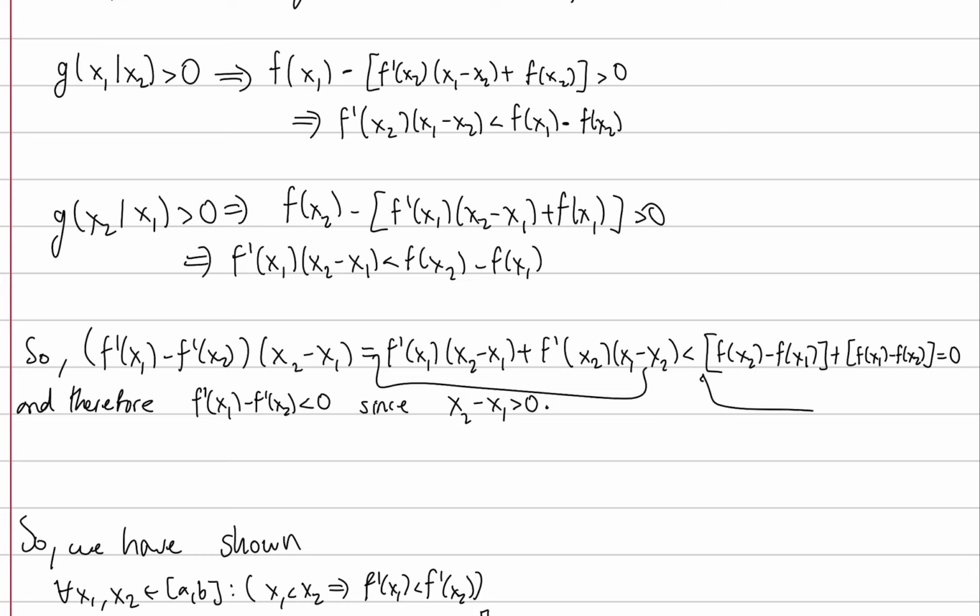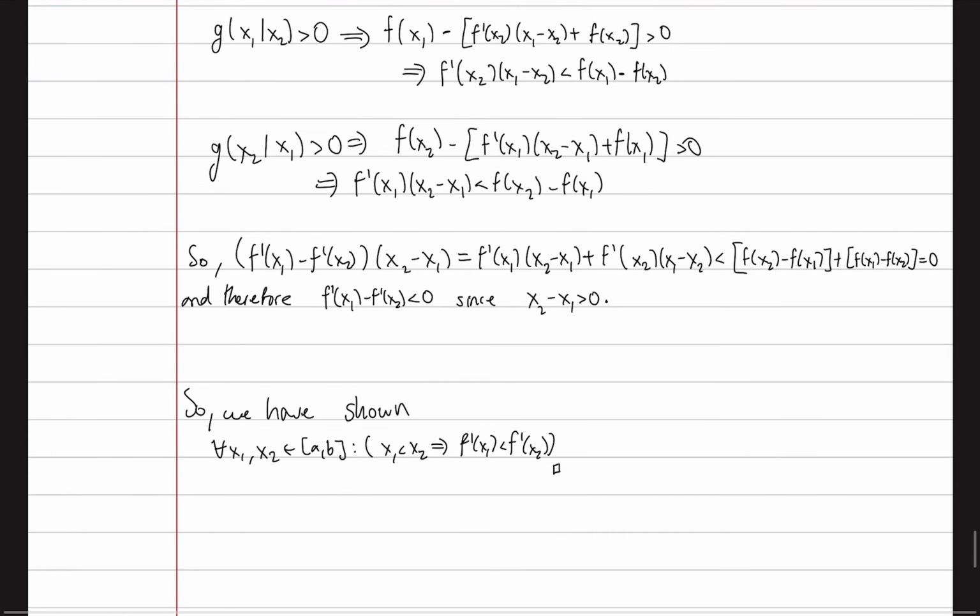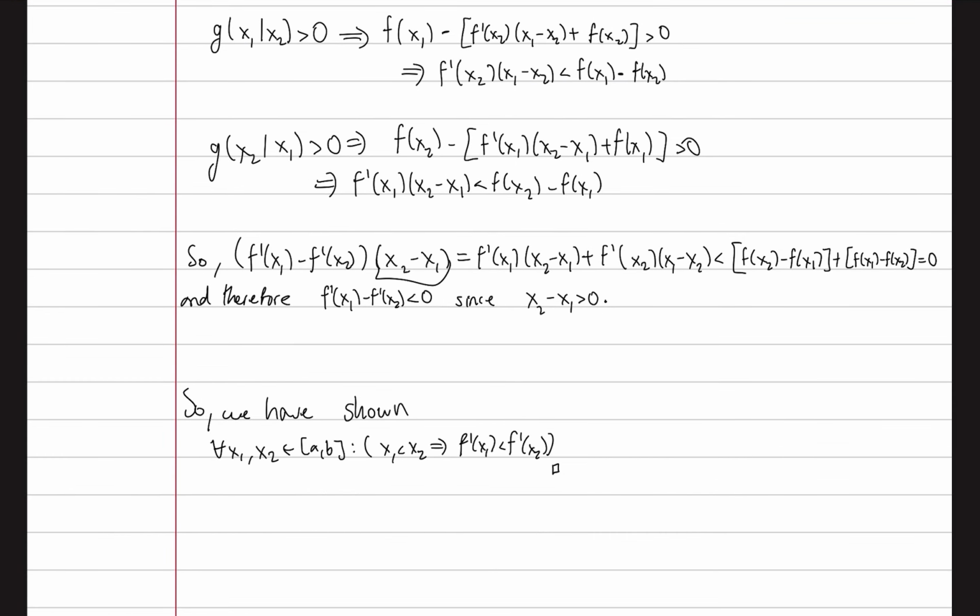But that's less than this, which is 0. So f prime of x1 minus f prime of x2 is less than 0 because x2 minus x1 is positive. This is positive, and this whole thing is less than 0. So this has to be negative.